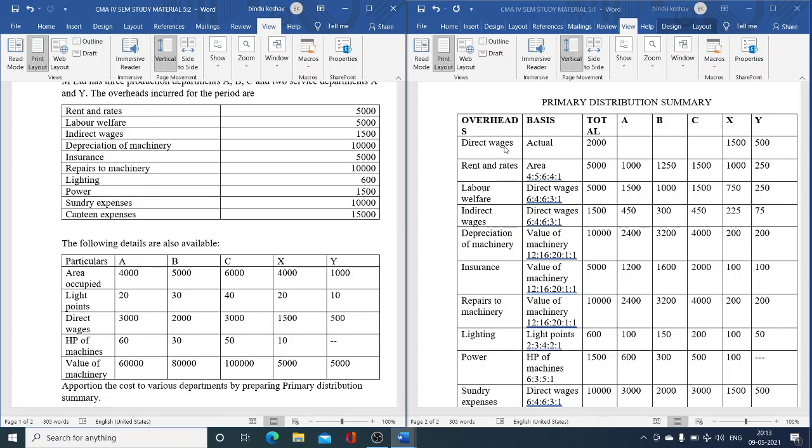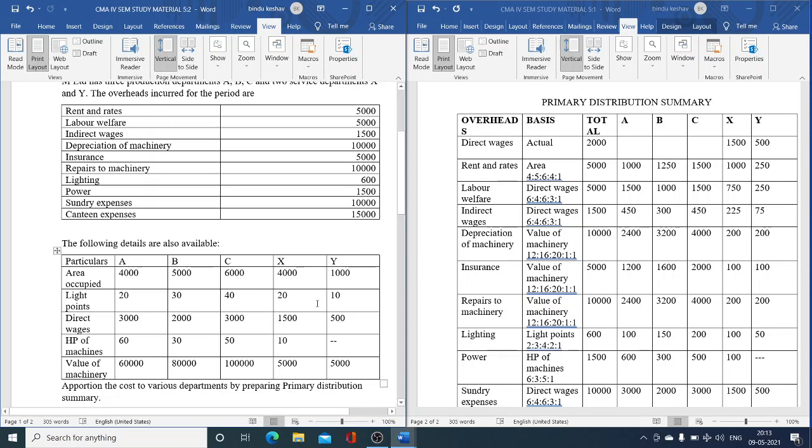So direct wages, the basis is actual. Now we are not recording it for A, B or C department, and we are recording it only for the service department, 1500 and 500, and the total of that is rupees 2000.